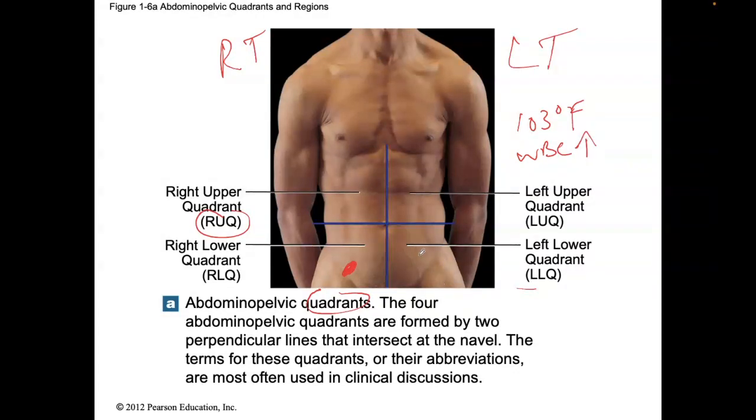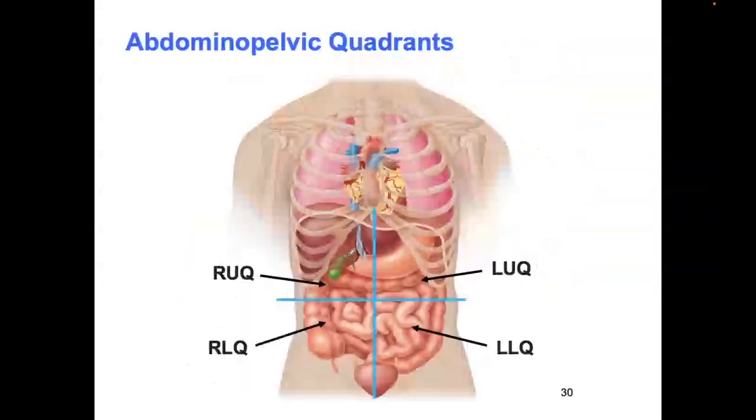You'd have to be like, okay, well, what do we have organ-wise in that right lower quadrant? And when we look at the quadrants, we can go, oh, maybe it's this little sucker right here called the vermiform appendix. Maybe they have appendicitis.